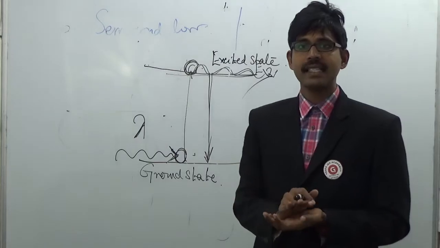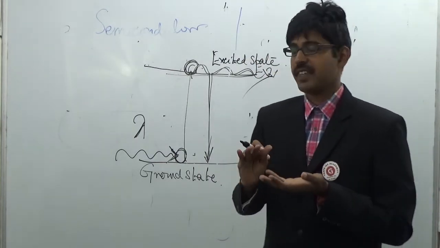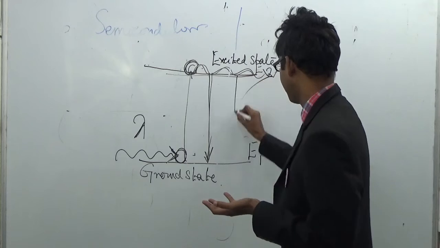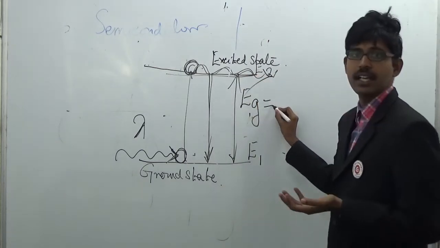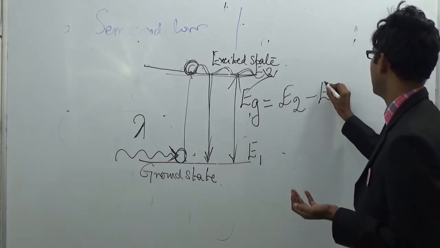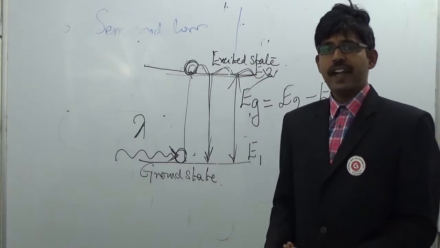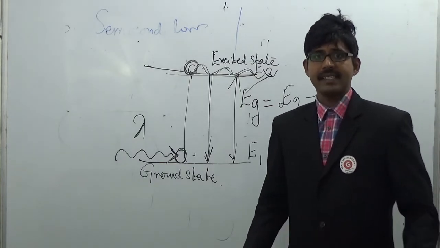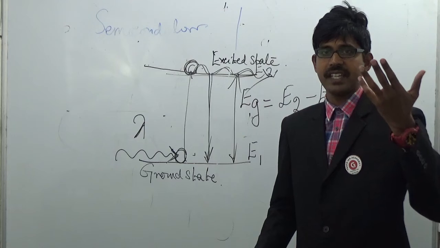Now, what is the band gap energy level? EG. We call it the energy band gap. This EG is going to be equal to E2 minus E1. So when light of wavelength lambda is incident on the atom, it is taken to the excited state E2.